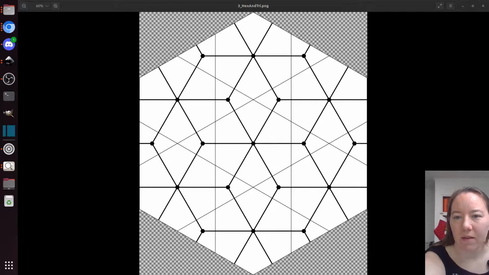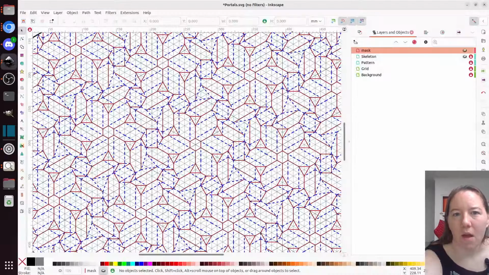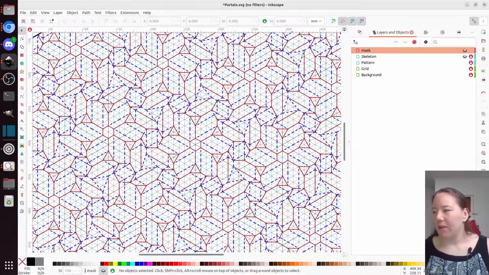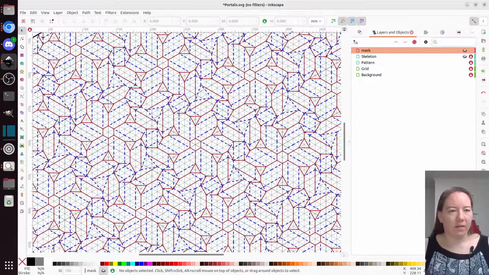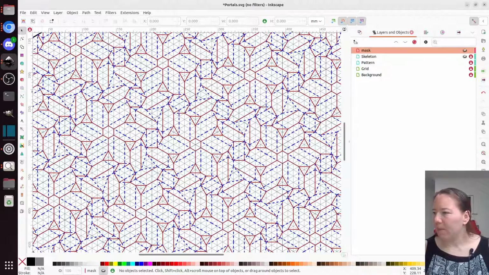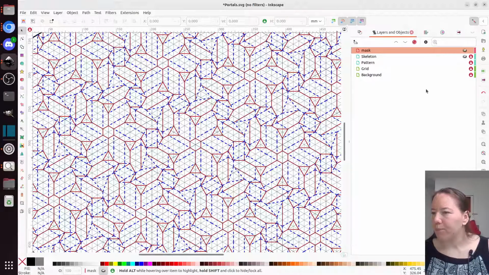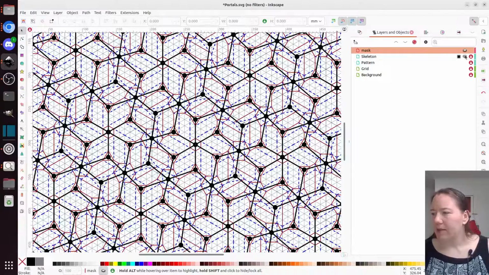And we can take this a little bit further by saying that, what if we have another pattern? This is one that hasn't been folded before. It's called Portals, one of my designs. And it's what we're going to be folding together today. And we can say, okay, does it have the same connectivity?